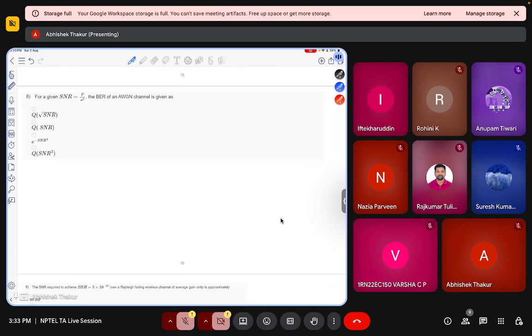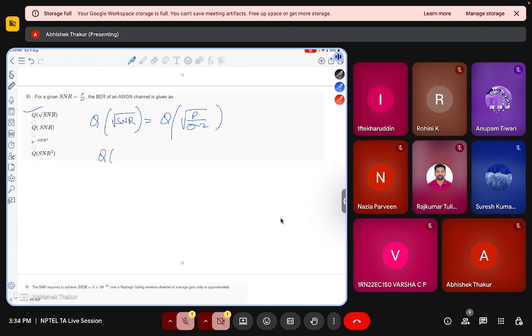Now coming to question number 8. For a given SNR equal to power by noise ratio, the bit error rate of an AWGN channel is given as. So basically the bit error rate is Q function of square root of SNR. And what is this? That is Q of square root of P by sigma square. So option A is the correct answer.